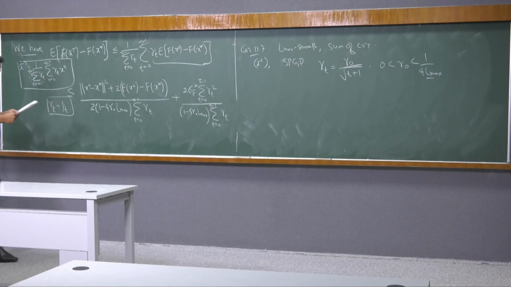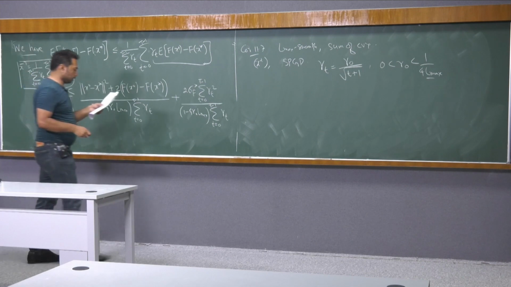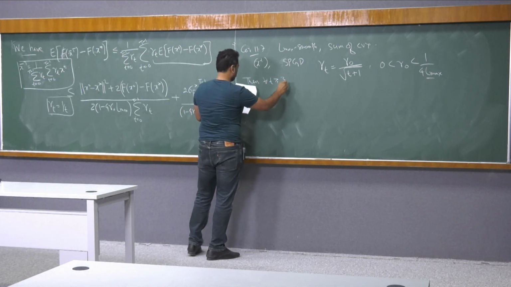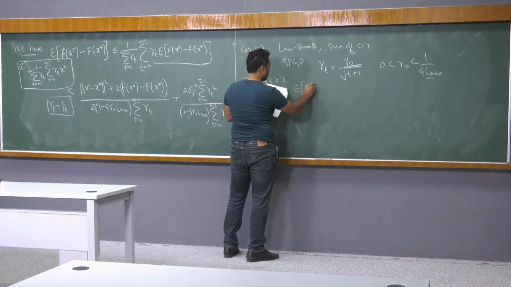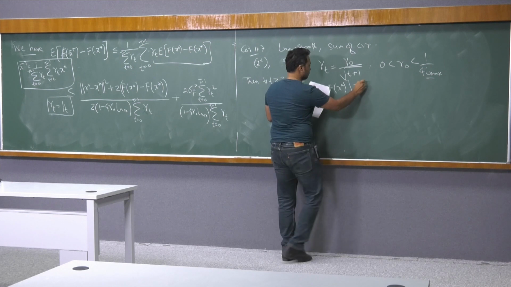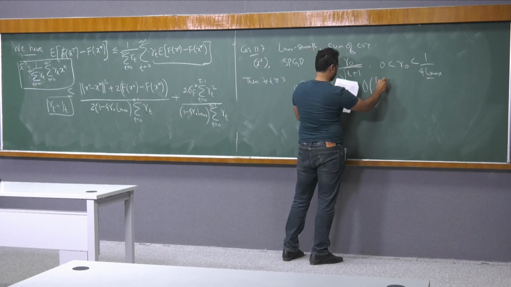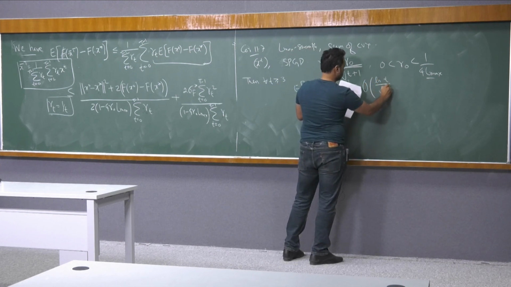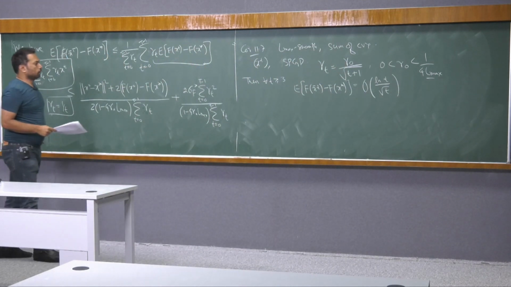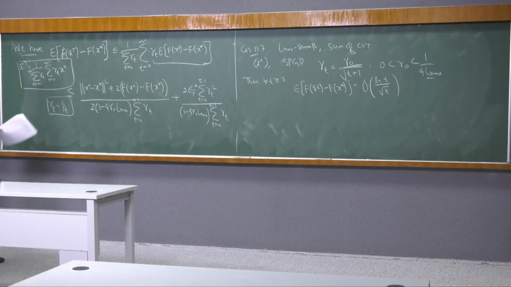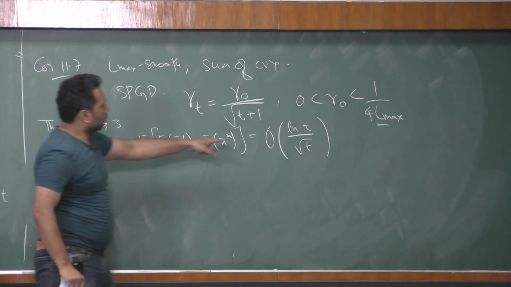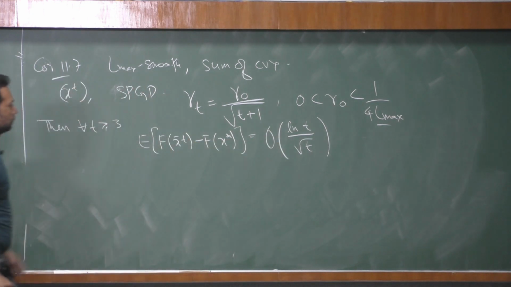In this case, the result says that for all t greater than or equal to 3, f of x bar t minus f of x star is order of log t by square root of t. So what can you say about this? Is this a decreasing function with t?